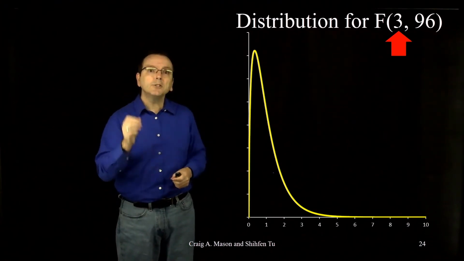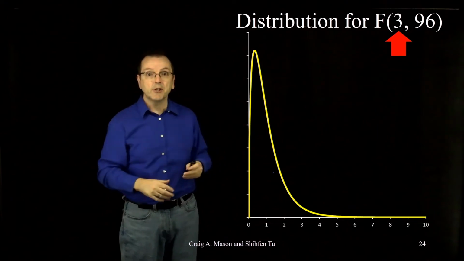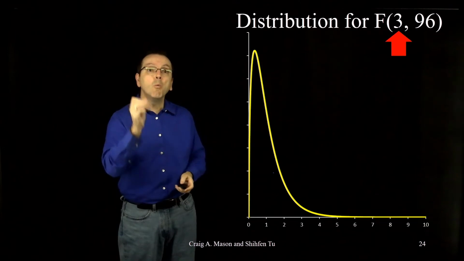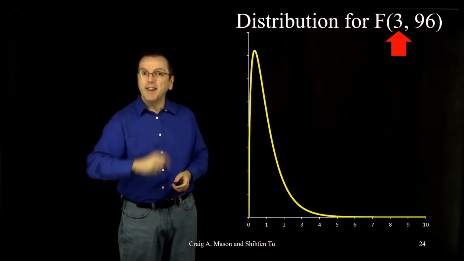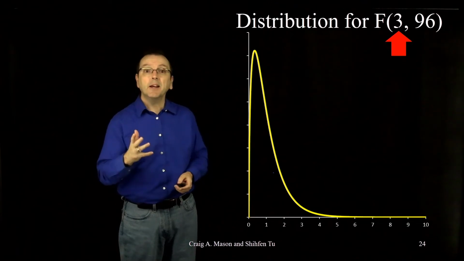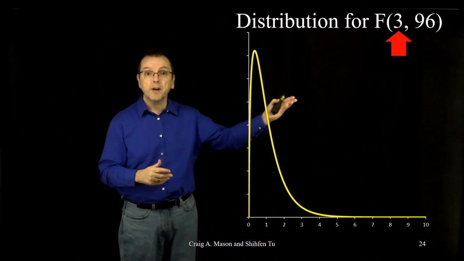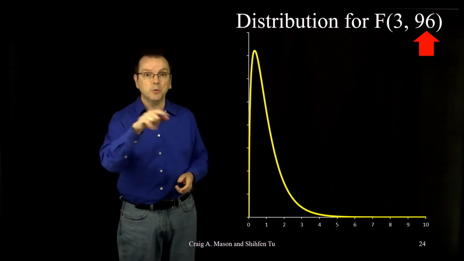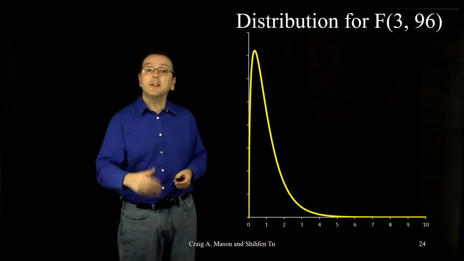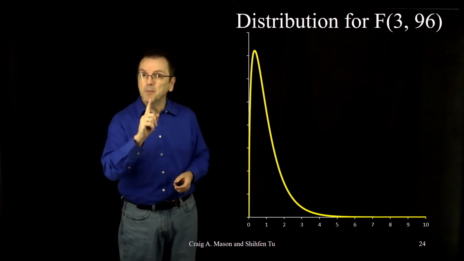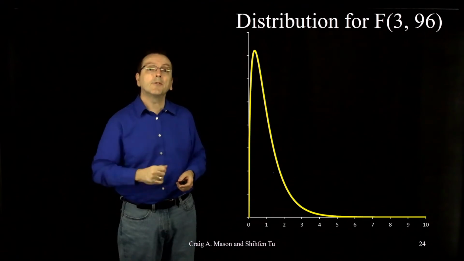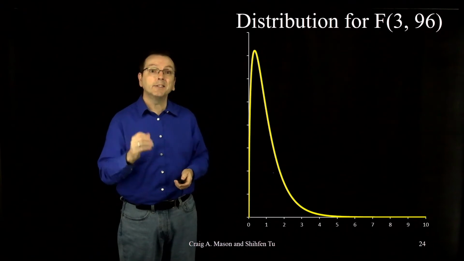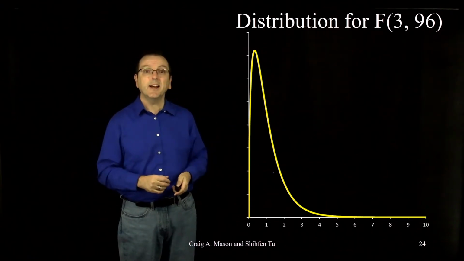The degrees of freedom also tell us that for this illustration, the total n across all of the groups is equal to 100. Do you see that one? That's because the degrees of freedom between, 3, plus the degrees of freedom within, 96, equals 99, which is the total degrees of freedom. And remember, the total degrees of freedom is equal to n minus 1, or 100 minus 1. Our total sample size is 100.